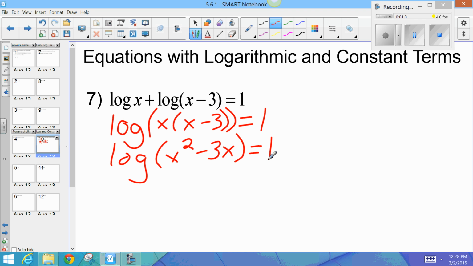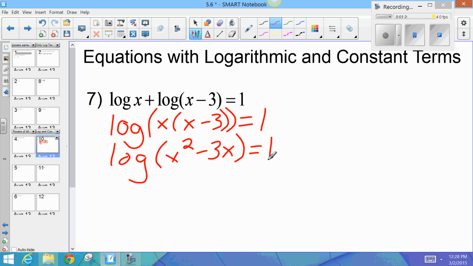With these problems, I can't just undo log on both sides because there isn't a log on both sides. So here's what I'm going to have to do instead. The inverse of log base 10 is 10 to the power of something.